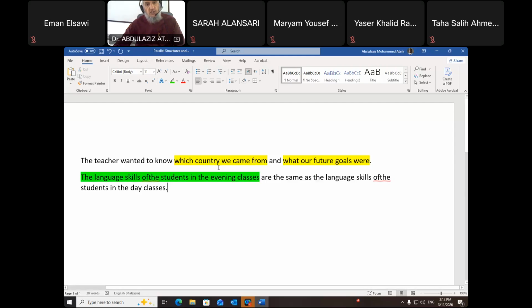Just compare. You see how many words here? 1, 2, 3, 4, 5 words. Here, 1, 2, 3, 4, 5 words. But this one, look: 1, 2, 3, 4, 5, 6, 7, 8, 9, 10. 10 words.